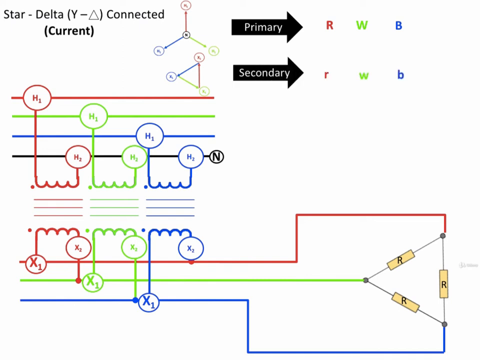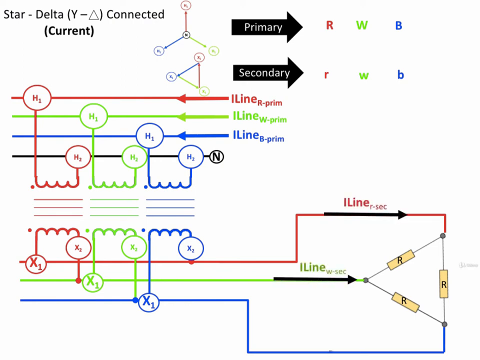And on the secondary side, I will be using lowercase letters. The line currents, I'm going to title them as I line R primary, I line W primary, and I line B primary. You'll notice that I've capitalized the R prime, the W prime and the B prime to indicate that that is the primary side that we're talking about.